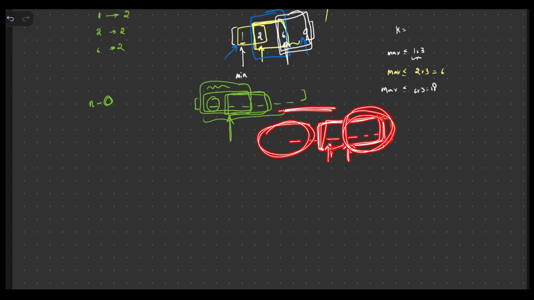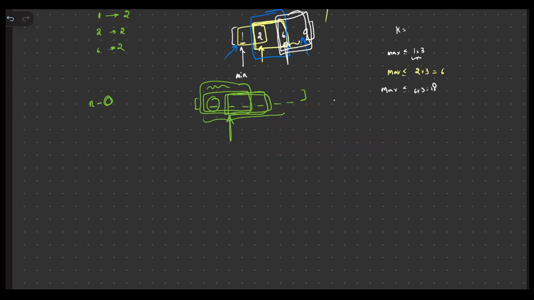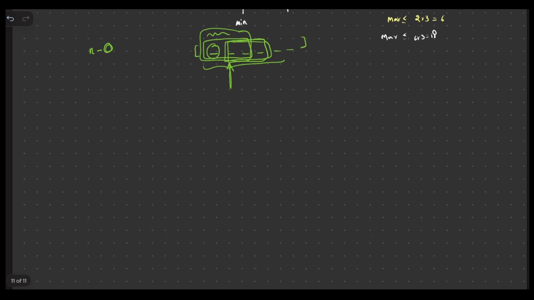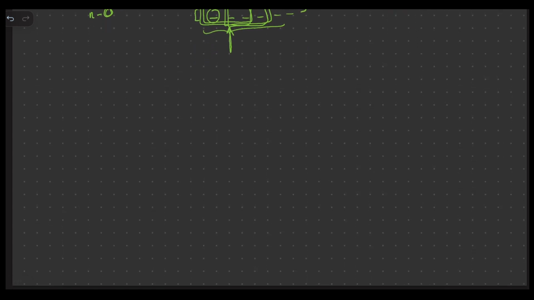If you move forward, then only this part is the longest subarray, and the number of removals increases, but we only want fewer removals. So we will stop whenever our subarray ends at the last element. Okay, I think you got the idea. Maybe I have explained it in a better way.